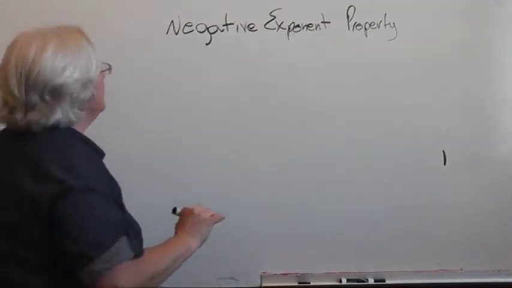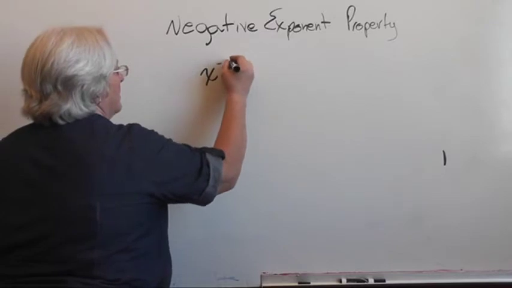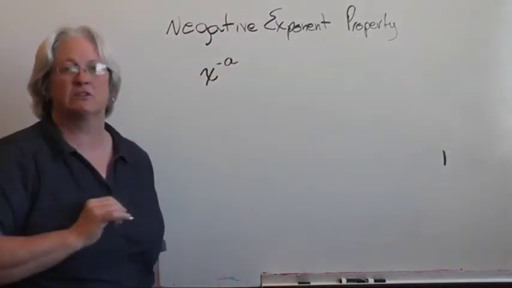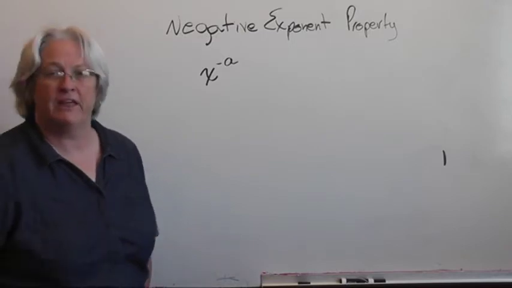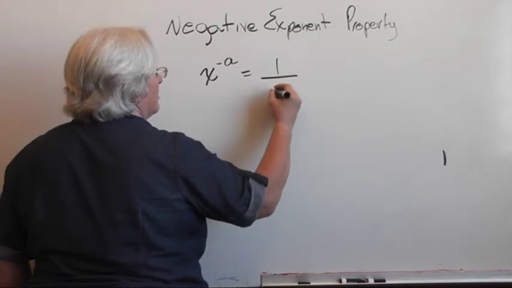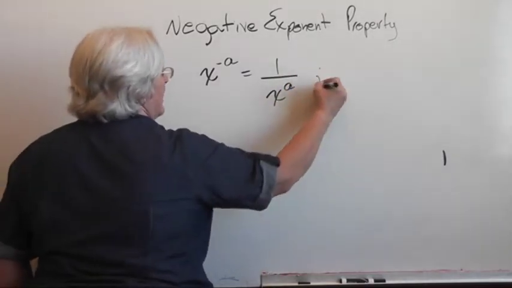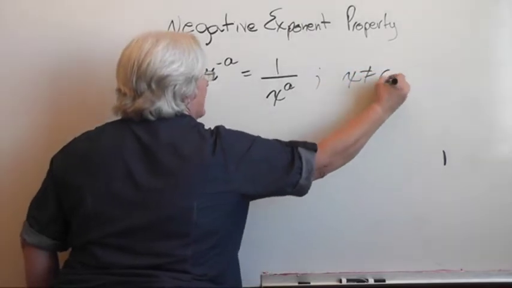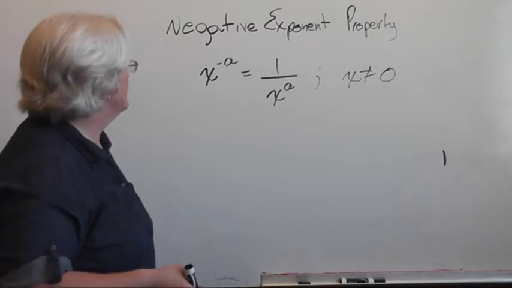This says that if you have a negative exponent, x to the negative a, that can also be written like 1 over x to the positive a, and again, we have to say that x cannot be equal to 0.